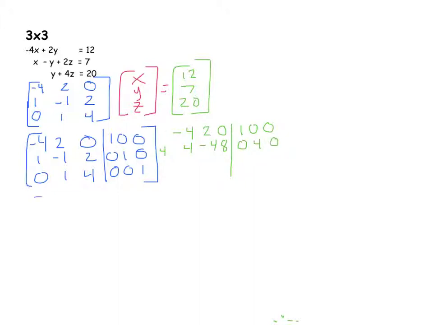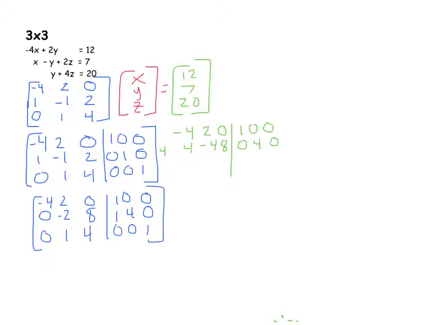And when I add those together, keeping the first row the same, in the second row I get 0, -2, 8, 1, 4, 0. And the third row was already good to go.